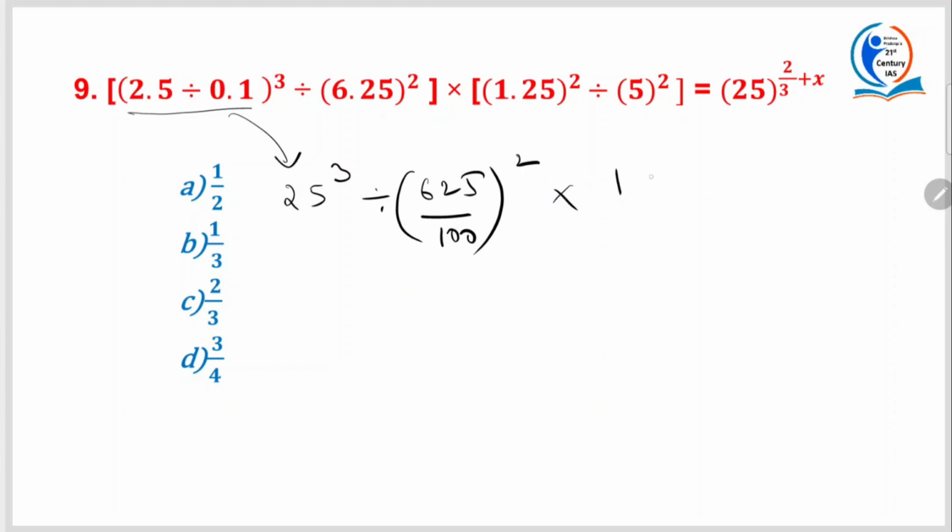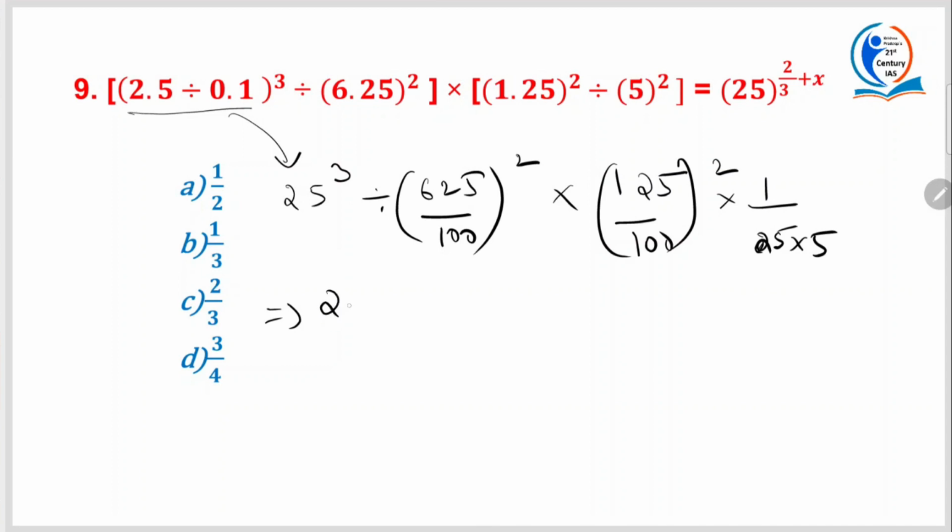into 125 by 100 square divided by 5 square, right? So, into 1 by 25, or you can write it as 5 into 5 also. Alright. Now, 25 cube by 625 square by 100 square, right?